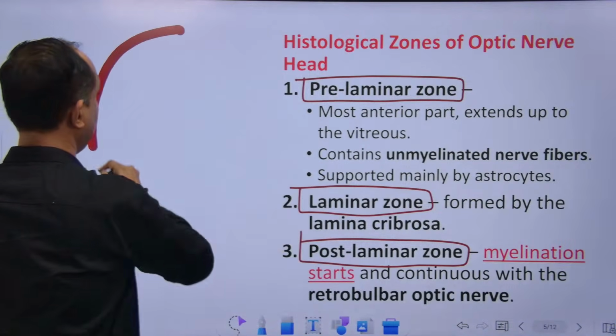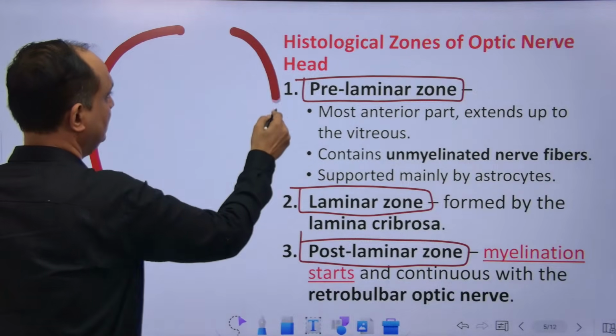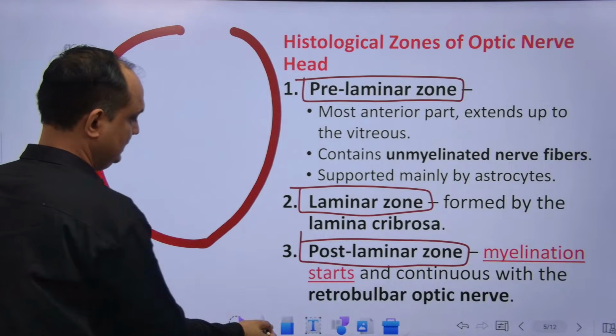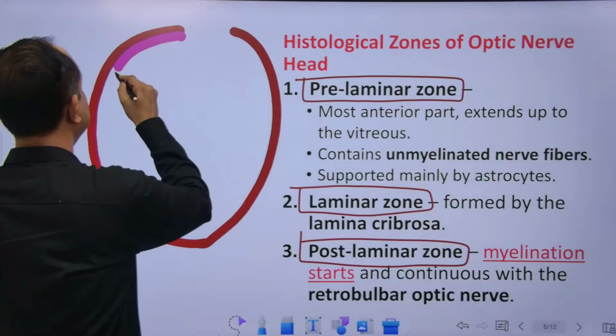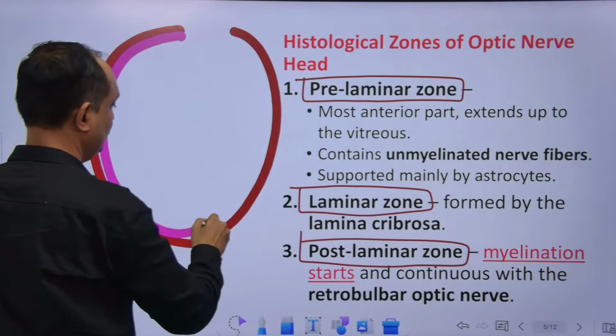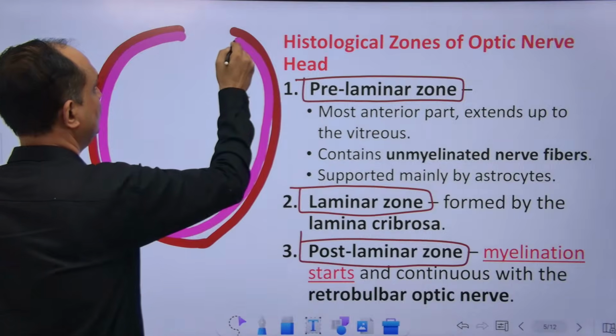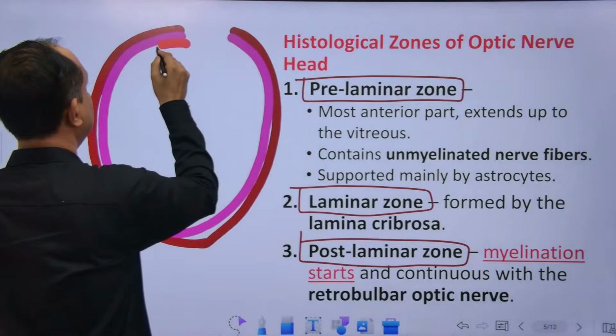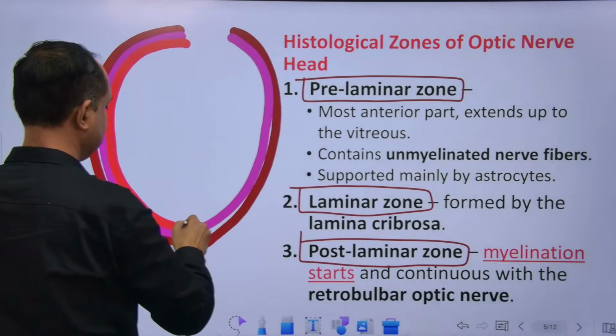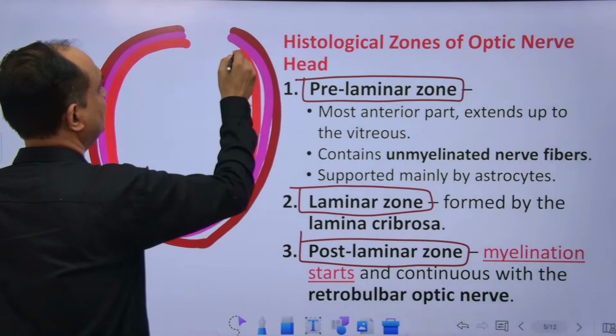This is the outer layer, known as the sclera. Inside that you have the second layer, the choroid. Clear? And the innermost layer is your retina. So we have these three layers of the eyeball.